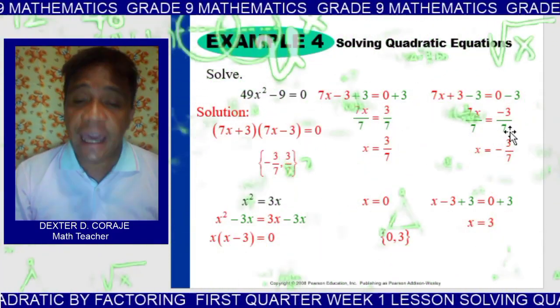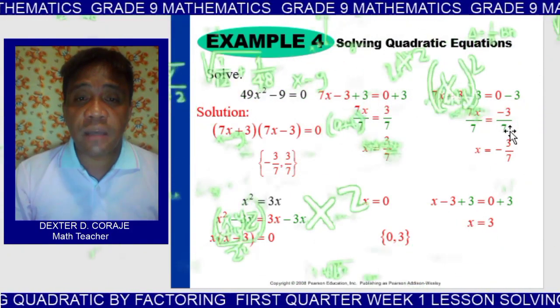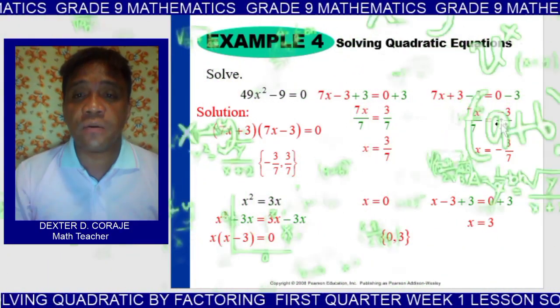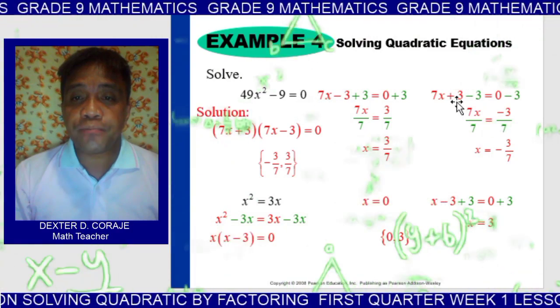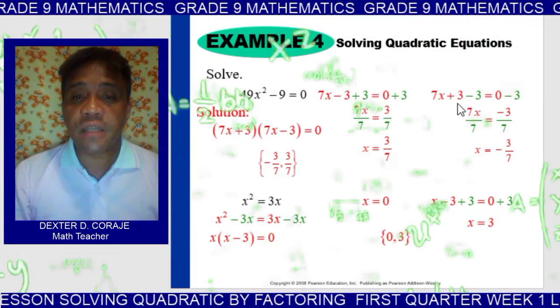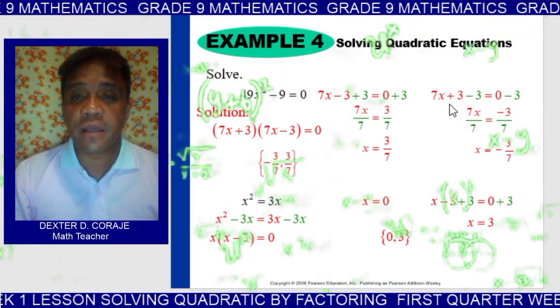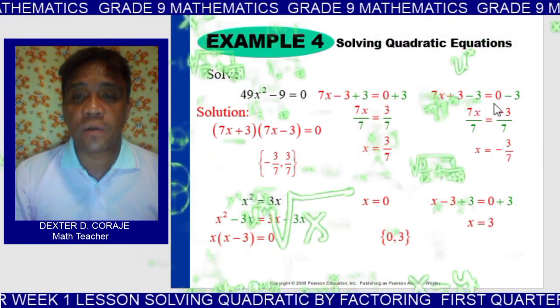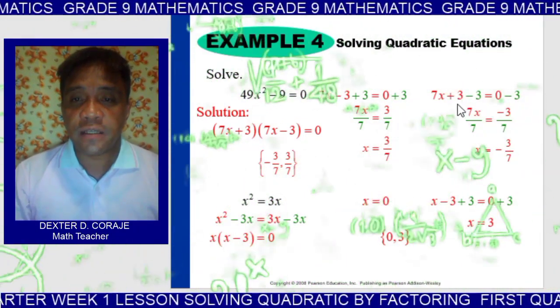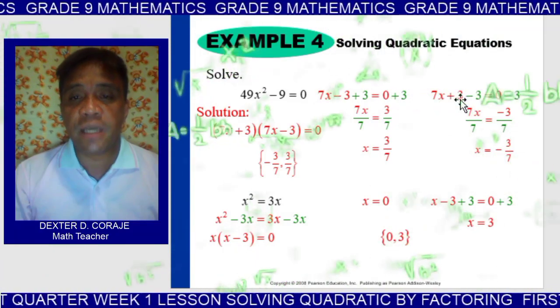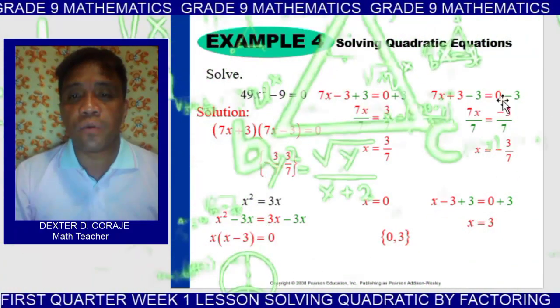On the other hand, the second factor, 7x plus 3 rather. So we have 7x plus 3 minus 3 is equal to 0 minus 3. So set the plus 3 to make it 0. So we are going to add both sides by negative 3.